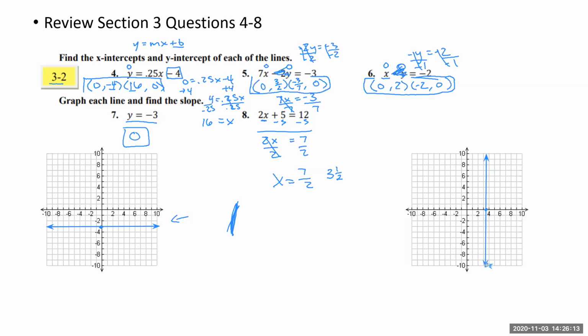And there we go. It's a little bit crooked, but we'll deal with it. So a straight up and down line. And of course, whenever we have a vertical line, the slope is going to be undefined. So just making sure to put that down when you do these questions.